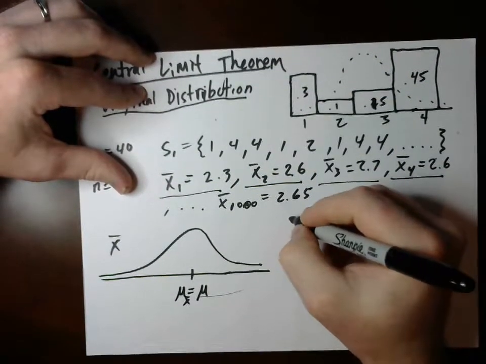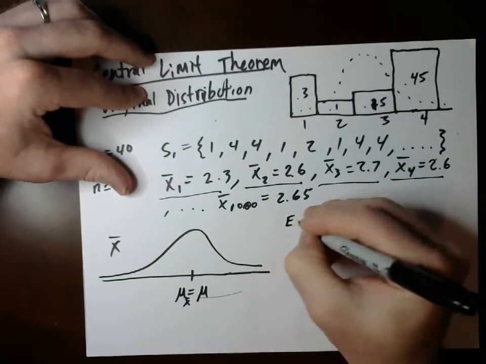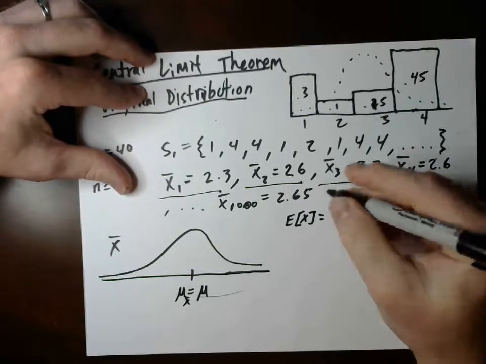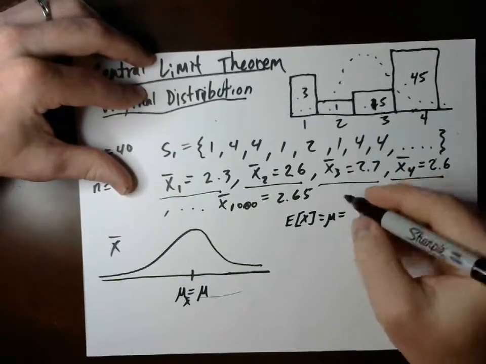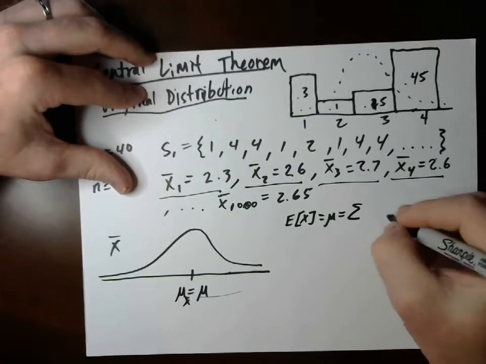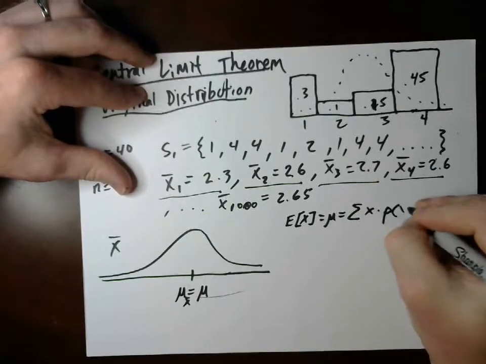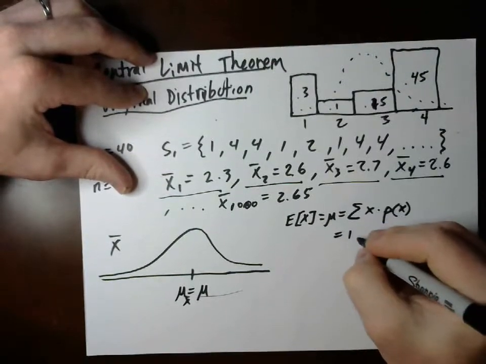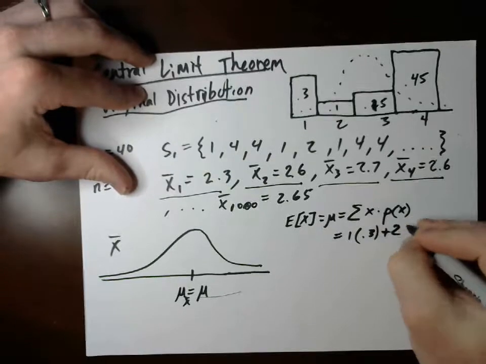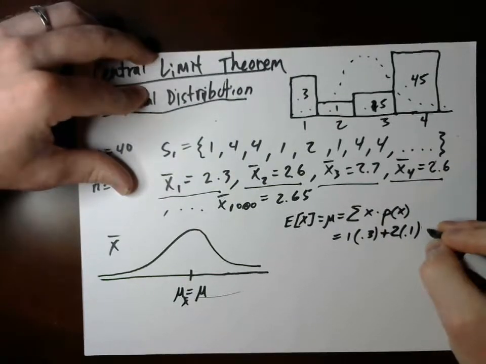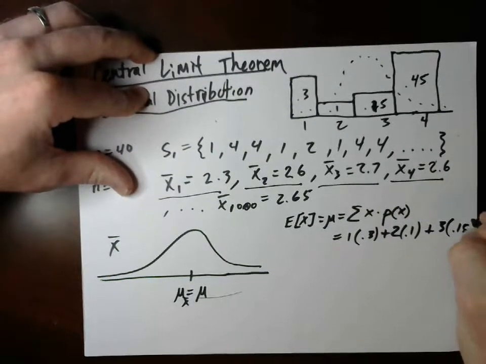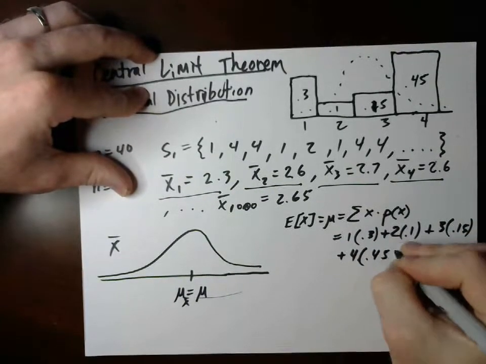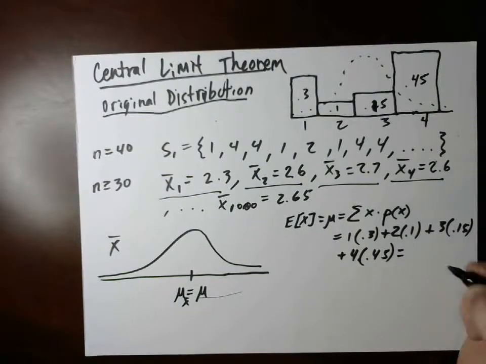So mu, remember from Math 243, the expected value of x is equal to mu, which equals the summation of each of our values times the probability of each of our values, which is equal to 1 times 0.3 plus 2 times 0.1 plus 3 times 0.15 plus 4 times 0.45. Let's figure out what that is.